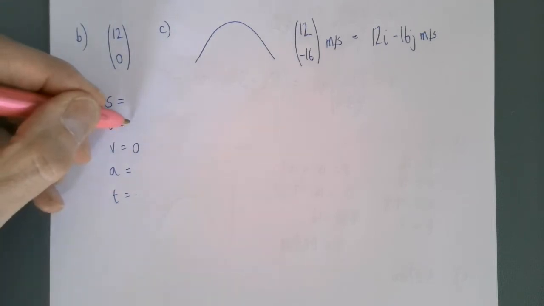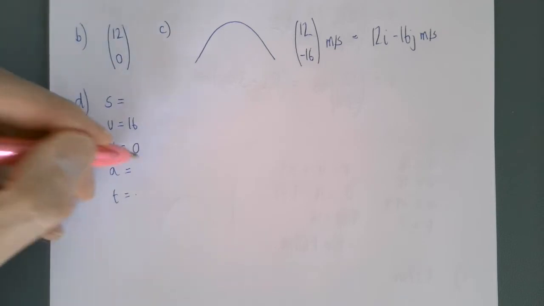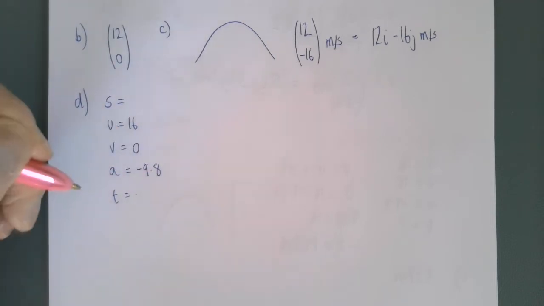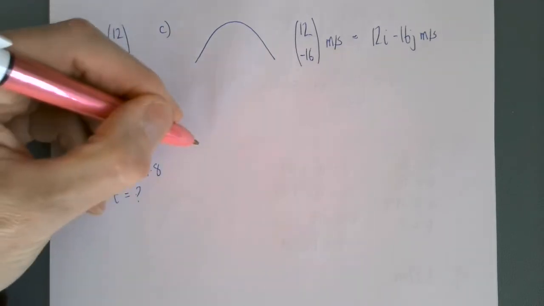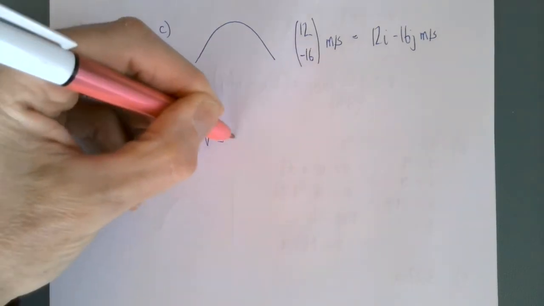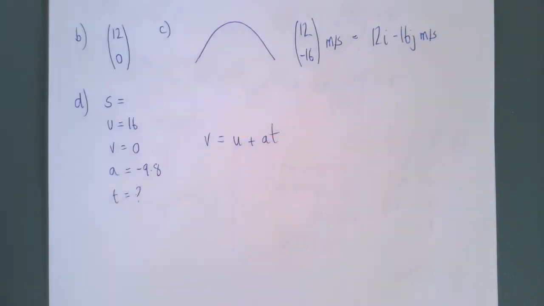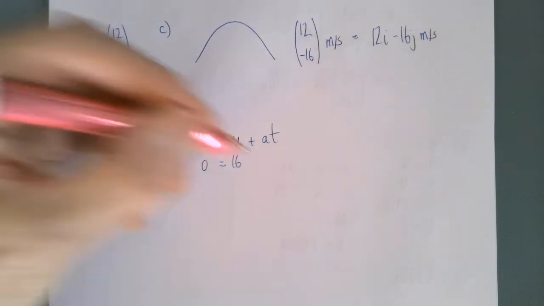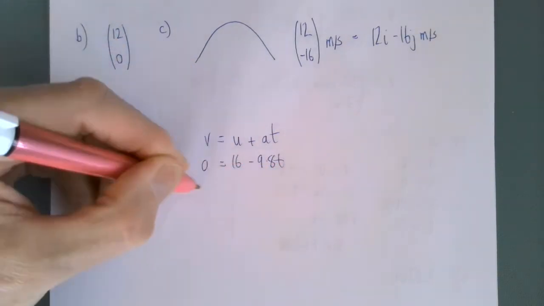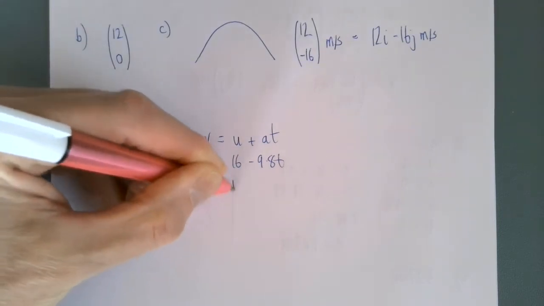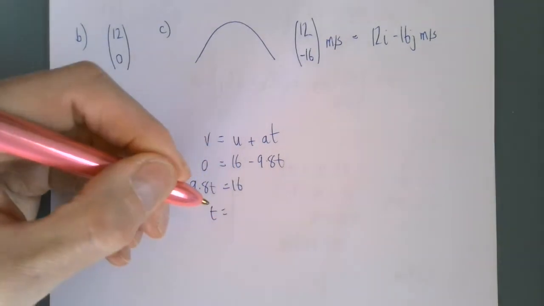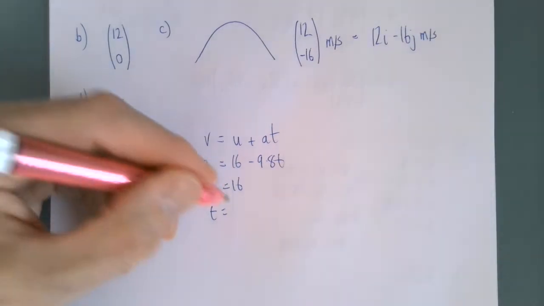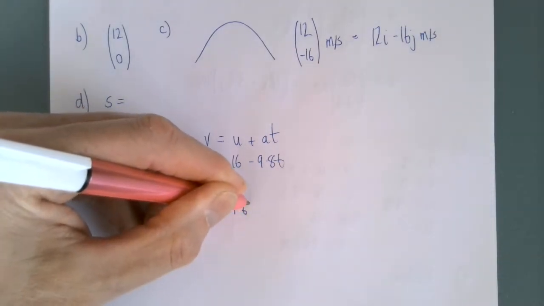Its initial vertical velocity is 16, and it's accelerating at minus 9.8 meters per second squared. So I'm going to use v equals u plus at again, but in a non-vector form because I'm only worried about the vertical direction. So 0 equals 16 minus 9.8t, so 9.8t equals 16, so t equals 16 over 9.8, which is 1.63.